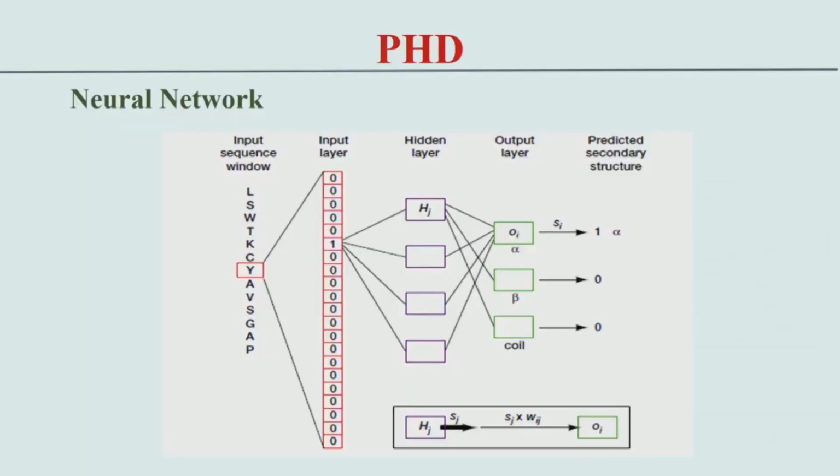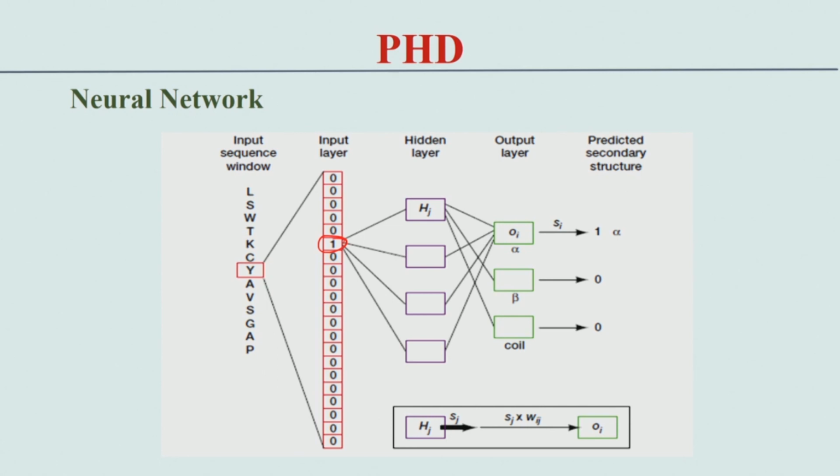Here you have the input sequence. This is the central residue, this is Y. In the input layer they have 21 values: 20 values for the 20 different amino acids, and one for the padding sequence, to let them align the next one, or they can also use it for insertions and deletions. So, Y is here, so they put 1 here and all the others are 0. Then they have some hidden layers, which is the place where they train your data.